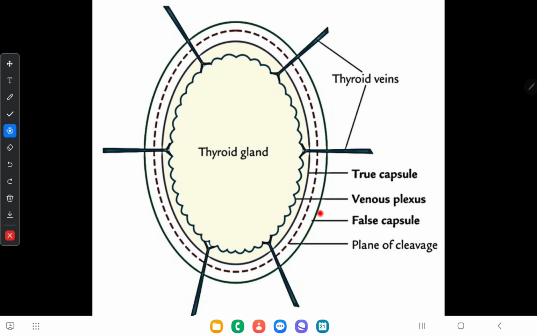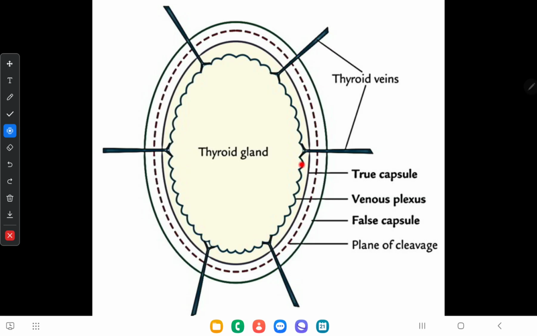The false capsule is fascial, that means it is made from the deep fascia of the cervical region. The true capsule is the condensation of the connective tissue at the periphery of the gland. The venous plexus lies deep to the true capsule.